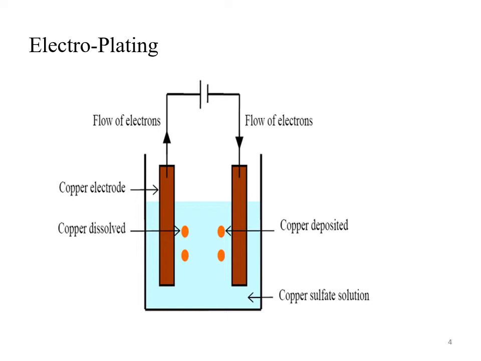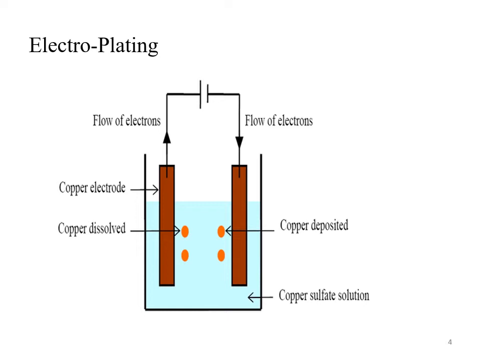Whereas in the case of electrochemical machining, instead of letting these metal ions get deposited on the other electrode, we flush away these metal ions from this enclosed zone where it is expected to plate.